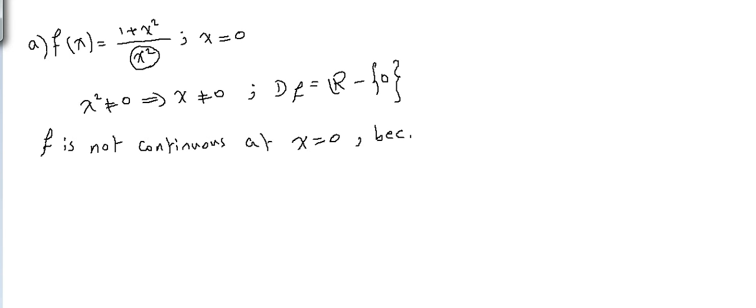Because f is not defined there, right? But he wants us to see if it is removable or not. If it is removable, we have to extend the definition. We have to make a new definition in order to make the function continuous at the given point. Is it removable? Let's see.